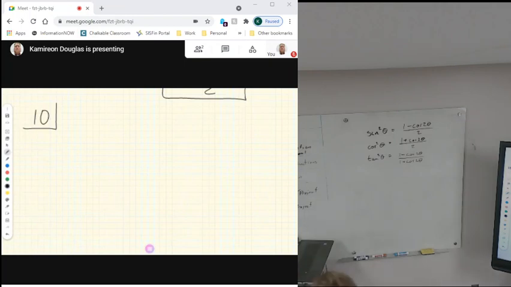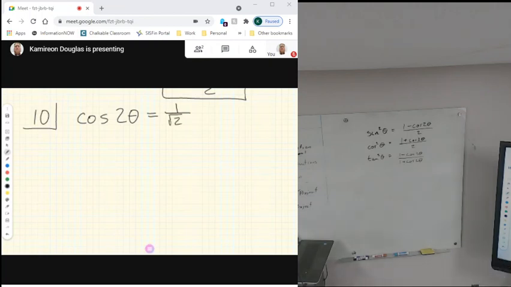So what I want to point out is, first of all, what they told us on number 10 is that cosine of 2 theta is equal to a fraction, 1 over the square root of 2.